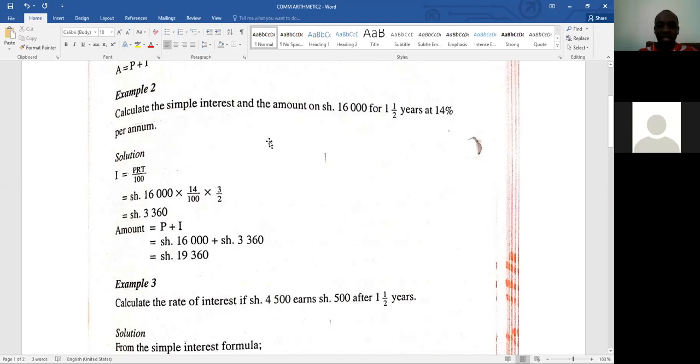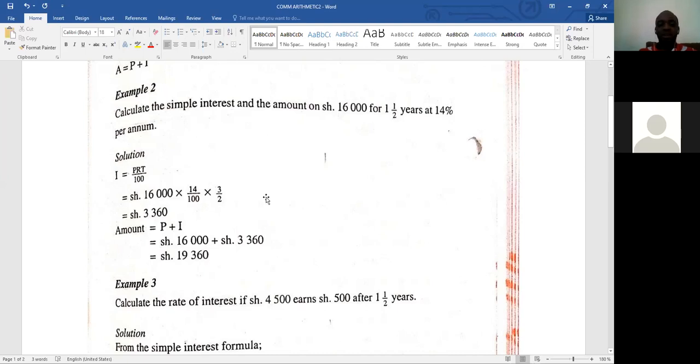I think the question is not grammatically correct, but 16,000 here is the principal. Then the rate is 14 over 100. Time is 1.5 years. You can either use 1.5 or use 3 over 2, which is a mixed fraction.